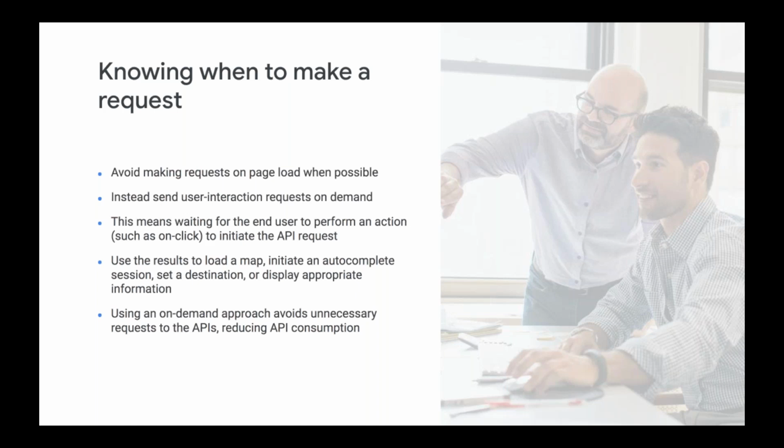Start an autocomplete session when the user actually clicks into that text field and starts typing a location. We see a lot of times where requests are made before that data or information or map actually needs to be used. And that's just making unnecessary requests before they're needed, and that can drive up the cost of the application unnecessarily as well.